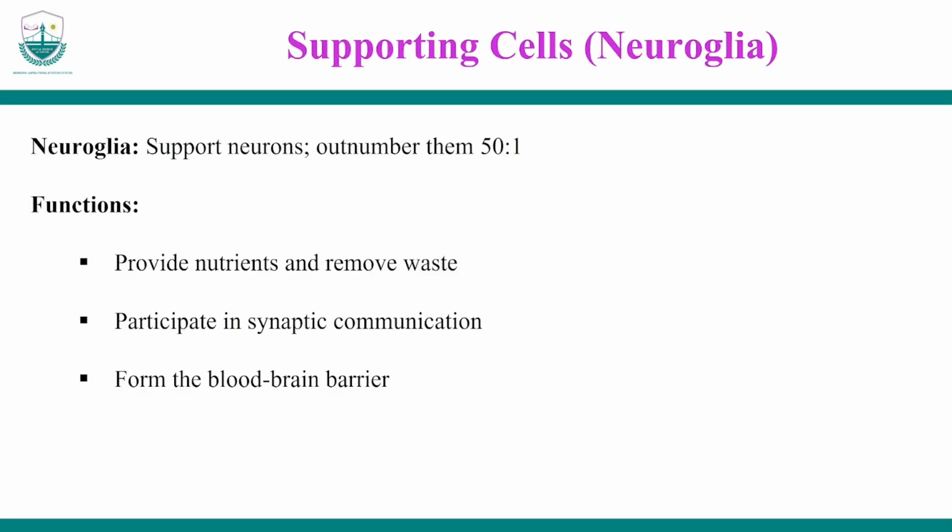Okay. These neurons cannot do their work without the support of other cells. And therefore, these cells that support these neurons are the ones that we term as the supporting cells, or we can call them generally as neuroglia. So these neuroglia actually provide very important functions. They provide nutrients to these neurons. They remove wastes. They participate in synaptic transmission and also form part of what we call the blood-brain barrier.